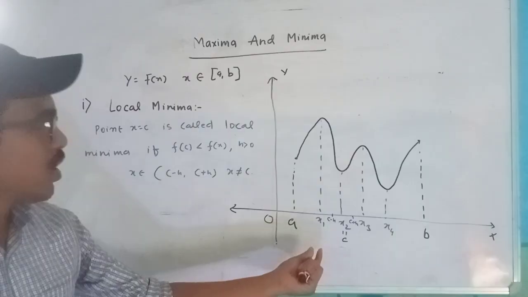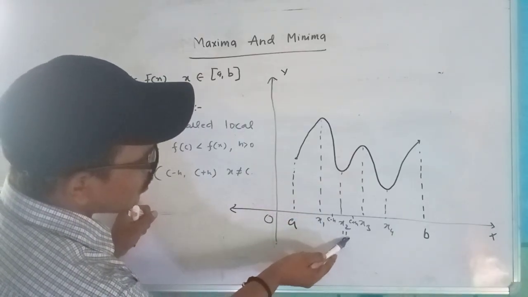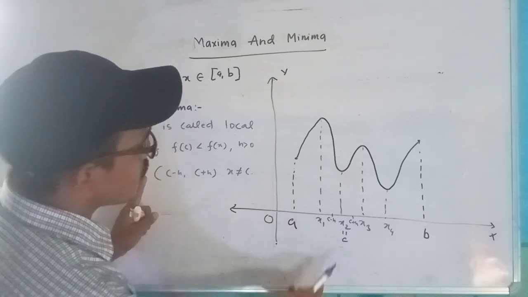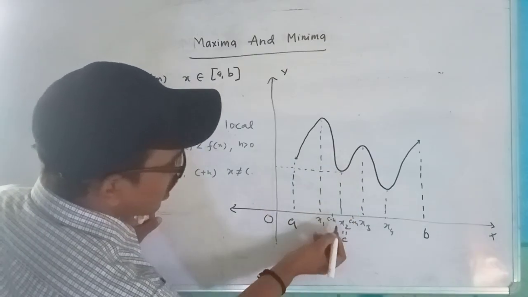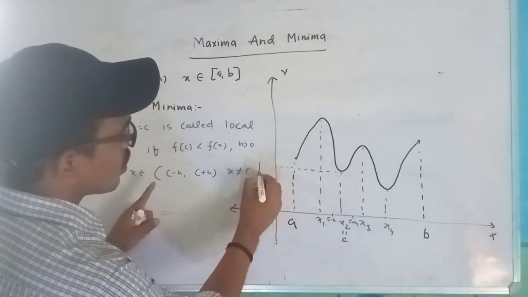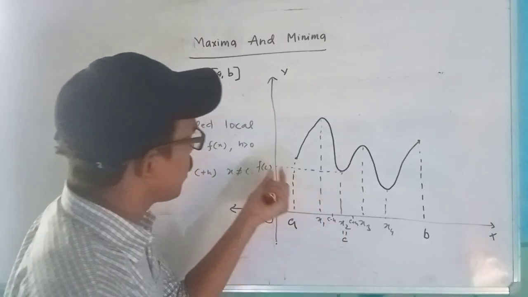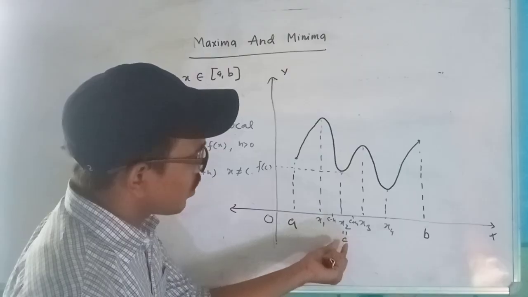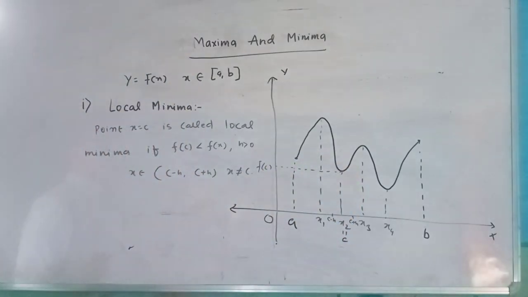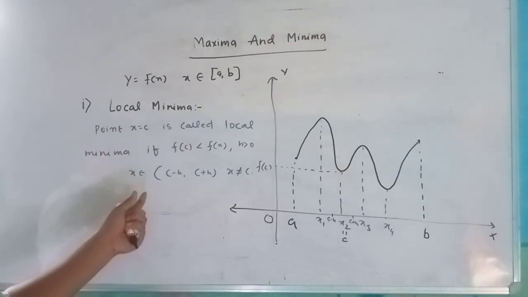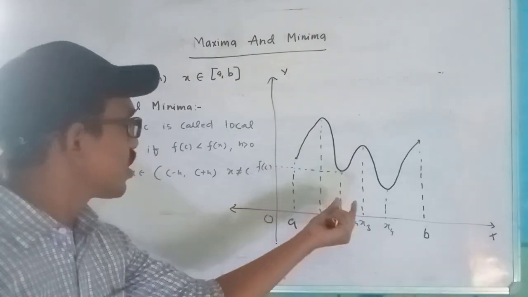In the neighborhood of point c, the graph attains its minimum value at point c. Let's say this is f(c). All other values of the function in the neighborhood of c are greater than f(c). You can clearly observe this.